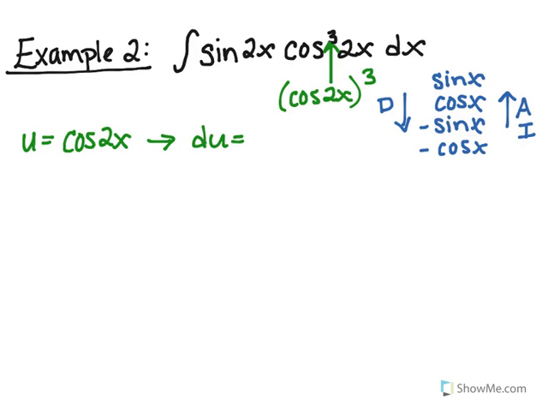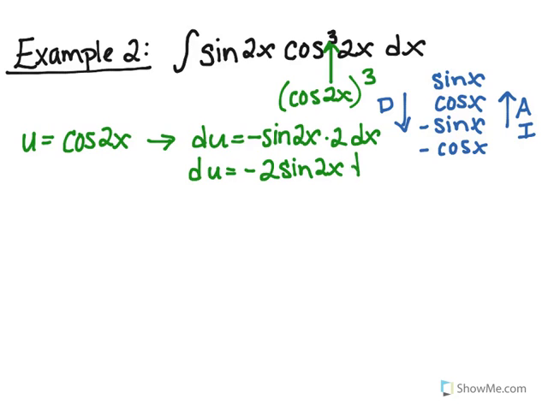So if I want the derivative of cosine, I start at cosine and I go down 1 to get to negative sine. So du is negative sine of 2x. But since it's not just an x inside, it's a 2x, I have to do times the derivative of 2x, which is 2, and then the dx. So du is equal to negative 2 sine 2x dx.